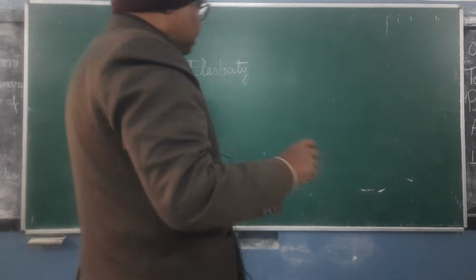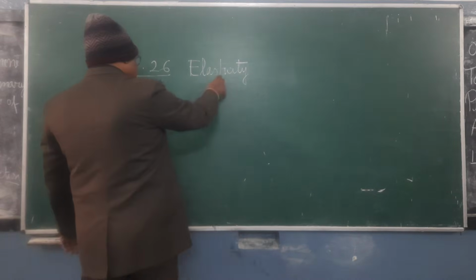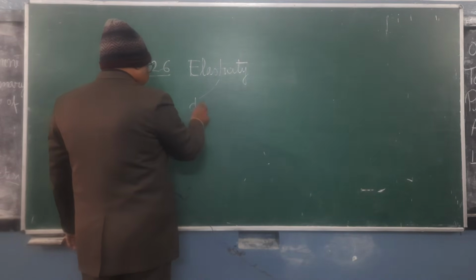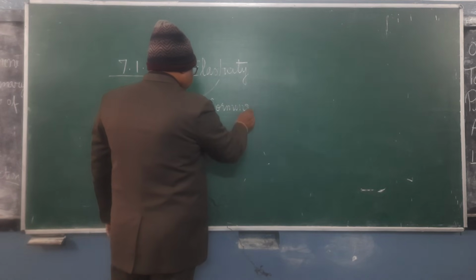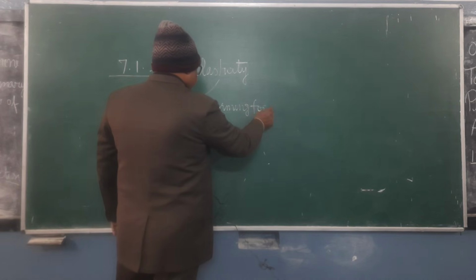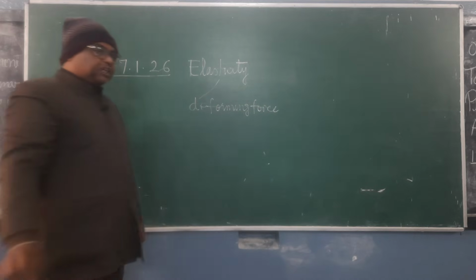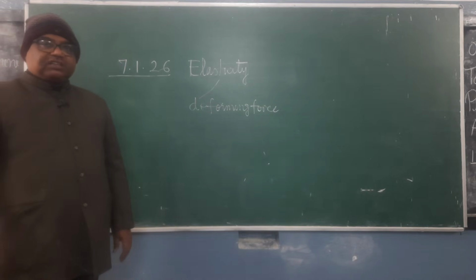Means here two kinds of forces are acting. One is the deforming force, which produces deformation in the shape of the body or in the size of the body or in both.